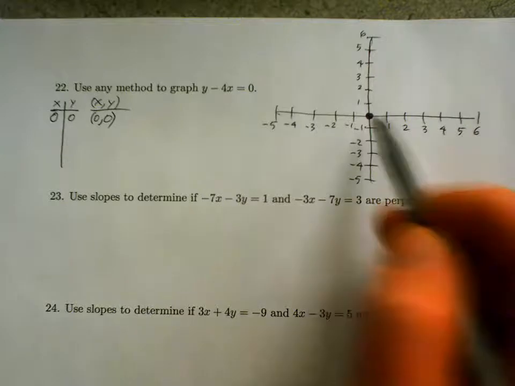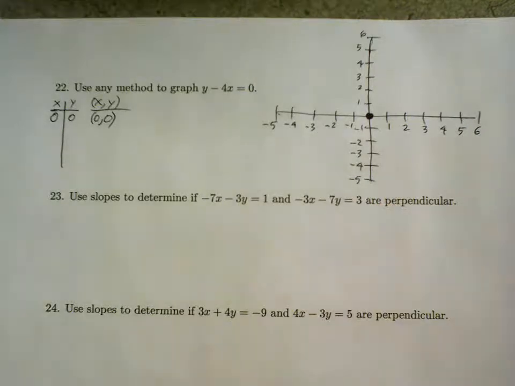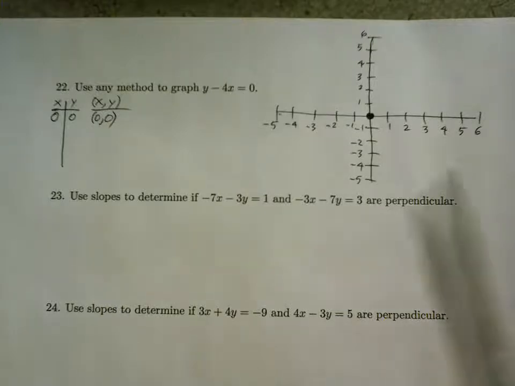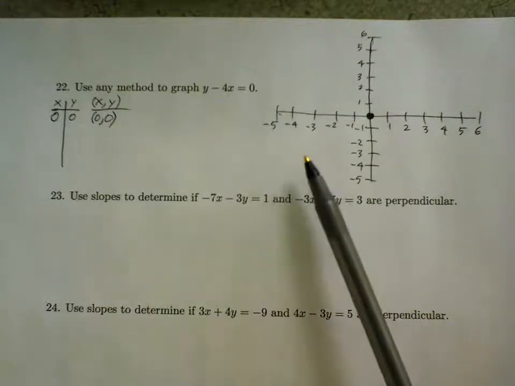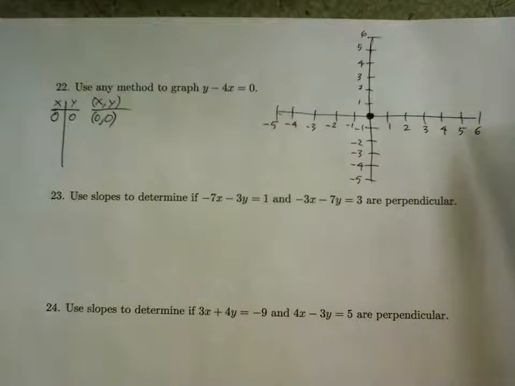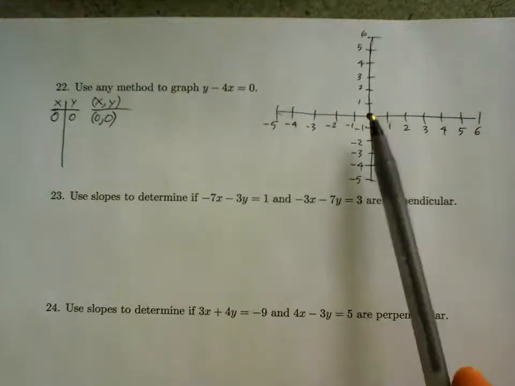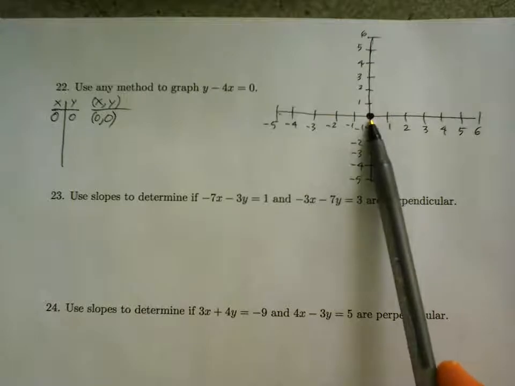So I'll label it in a minute. So we have a lot of other choices for points. Notice that in this case, this point is not only the y-intercept, but it's the x-intercept.